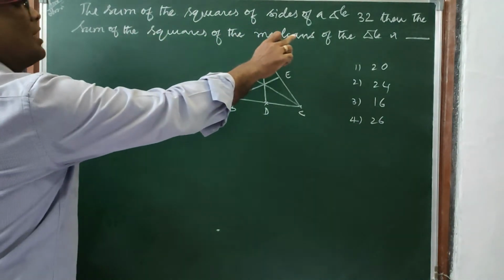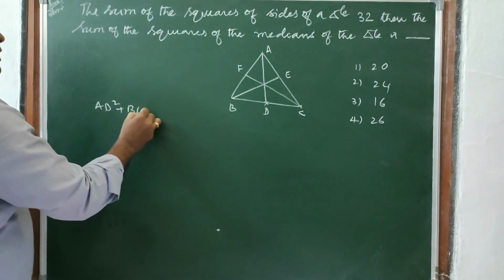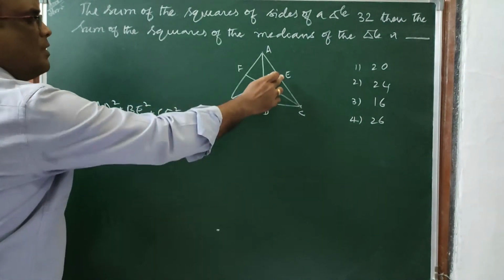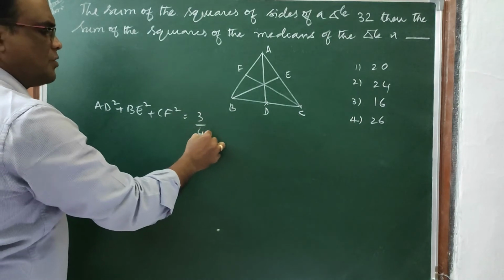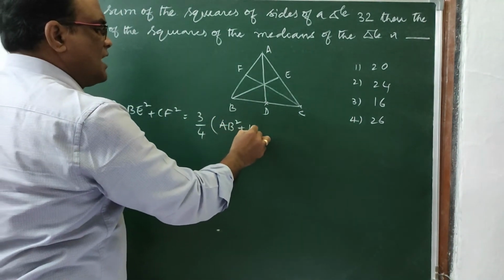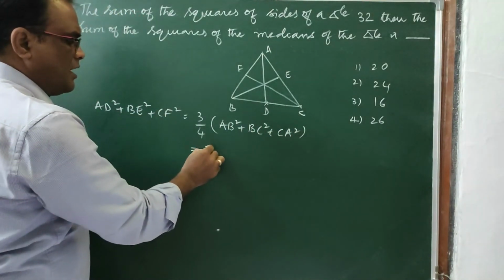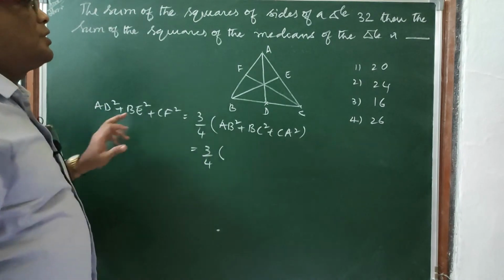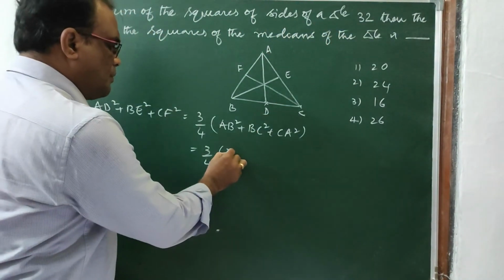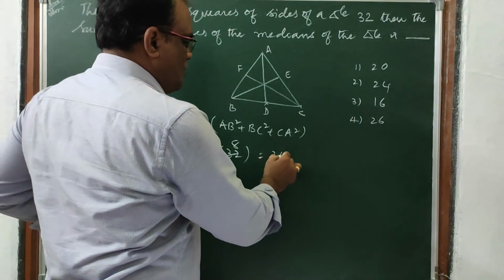Sum of the squares of the medians, so AD square plus BE square plus CF square, is equal to 3 by 4 sum of the squares of its sides, AB square plus BC square plus CA square. That is 3 by 4 into sum of the squares of the sides given 32. 4 8s are 32, 8 3s are 24.